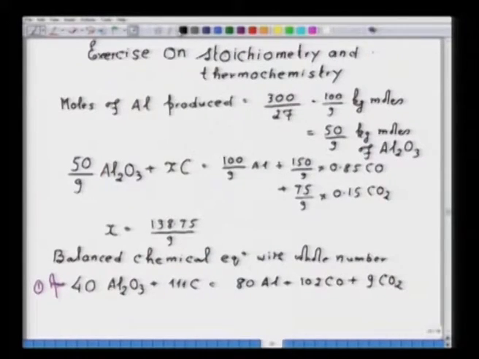Now, for second, straightway we have to find out the kilogram Al2O3, that is straightforward from the balanced equation. So, kilogram Al2O3 used, the answer would be 566.7 kilogram. That is the answer for 2.